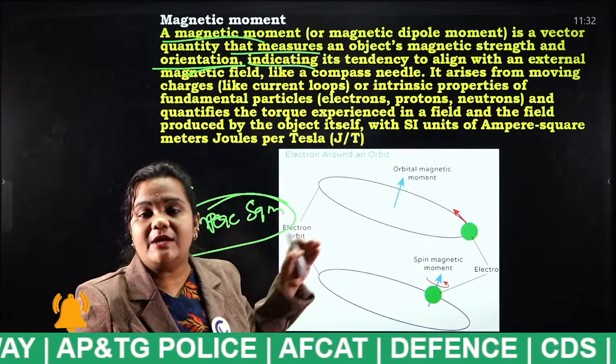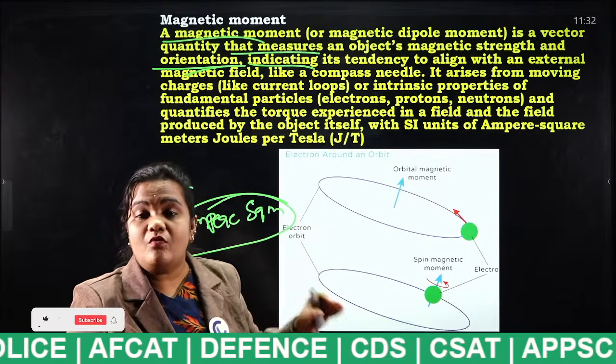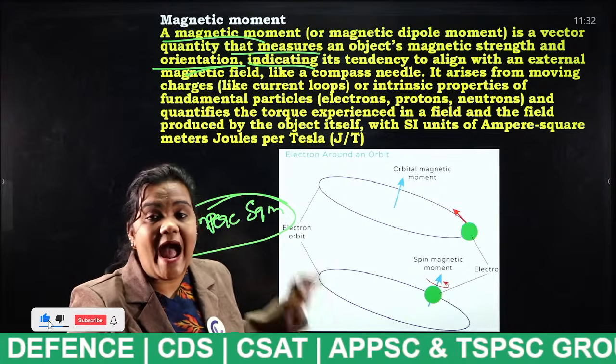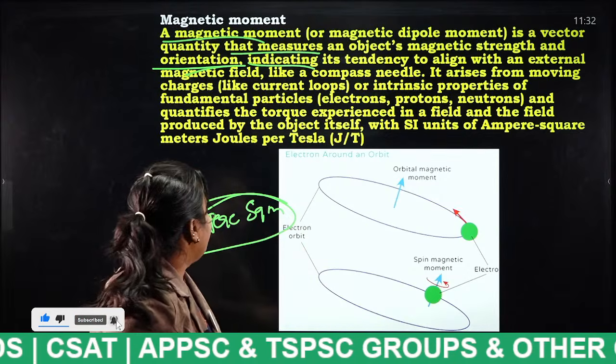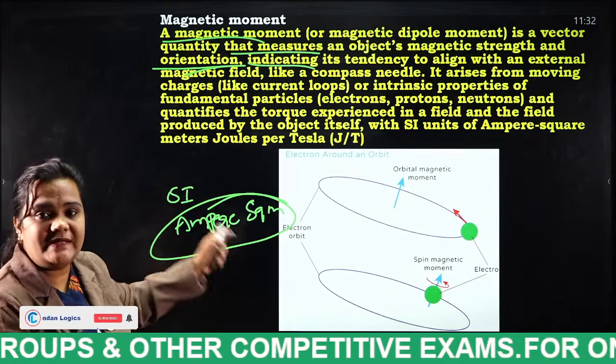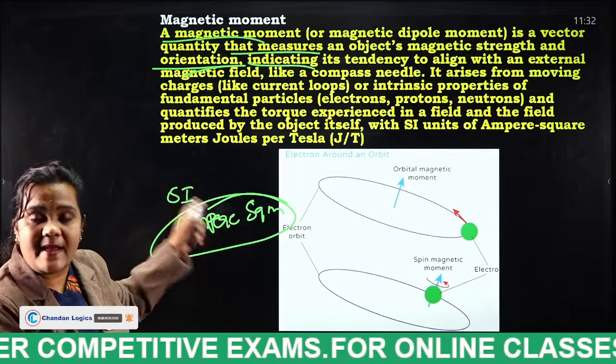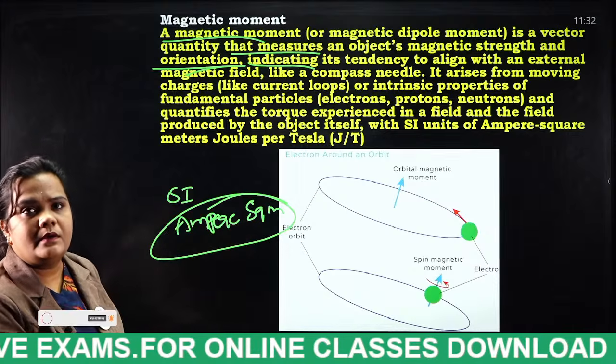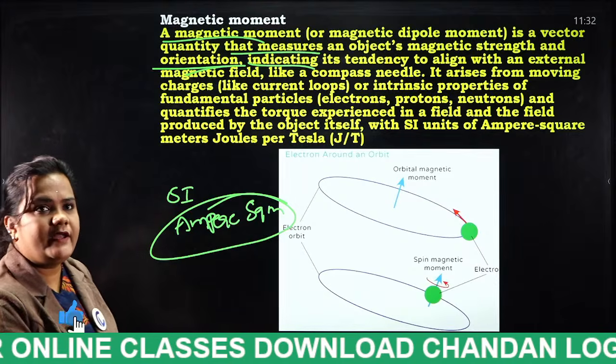For magnetic moment, the SI unit is ampere square meter, or joules per Tesla. These are the two units of magnetic moment. Yes, very good.